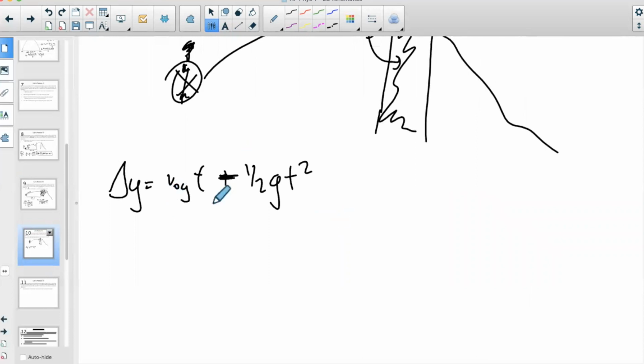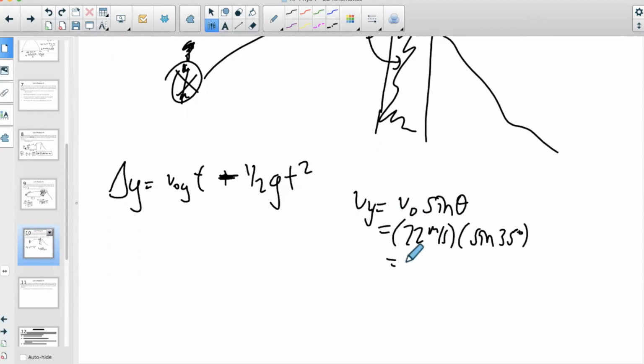And we know everything here except for v naught y, which we need. We know that vy is equal to v naught sine theta. Remember, that's the thing that Moog was talking about. So let's plug in right now and figure this out. And you should get 13 meters per second. This is positive right now, so that's going to be up.